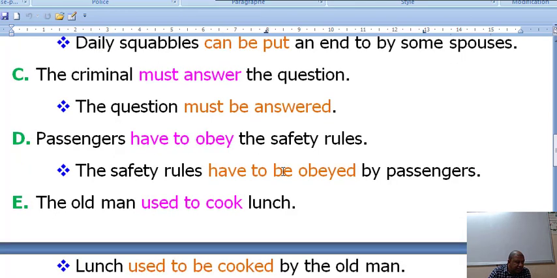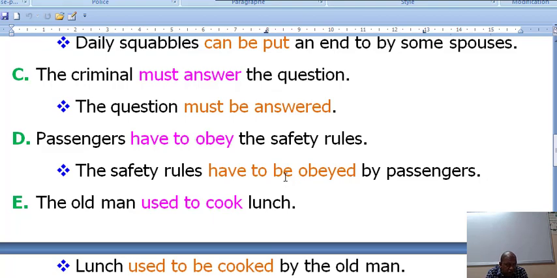D. Passengers have to obey the safety rules. The safety rules have to be. So have to, all of it auxiliary. When you find to after have, it means must. Have to, we bring be, and then the verb becomes past participle.